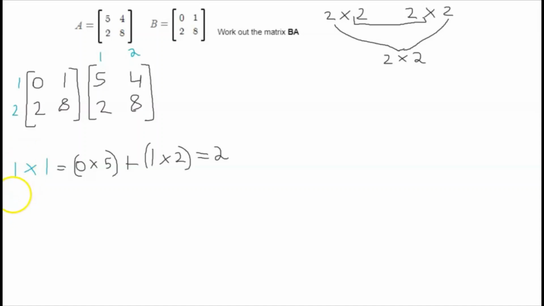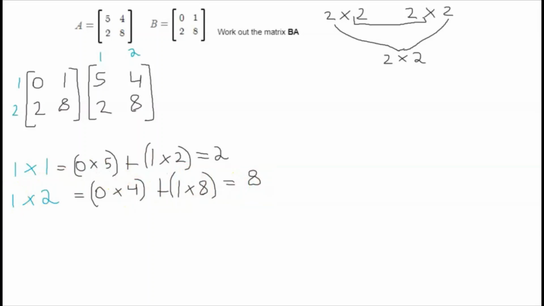So if I do row 1 times column 2, that would be 0 times 4, and you'd be adding that to 1 times 8. I'll write that like this so you understand a bit better. So 1 times 8 is 8, you add that to 0 times 4, which is 0, so that would equal 8.